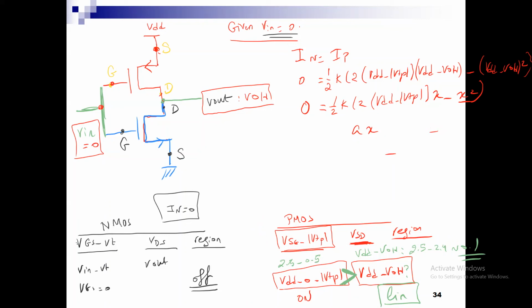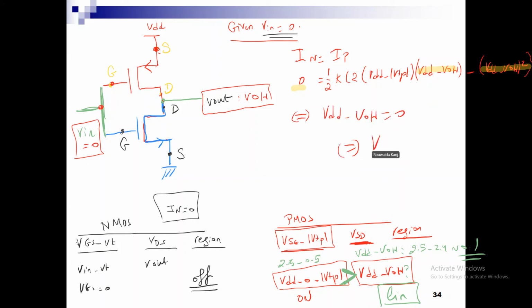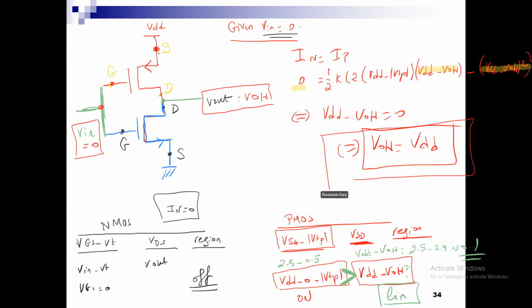Therefore, what can make the current IP equal to 0 is having the term VDD minus VOH equal to 0. So the solution is that VDD minus VOH equals 0, if and only if VOH equals VDD. So the two things we take with us from this are that VOH should be equal to VDD and the PMOS is in the linear region.